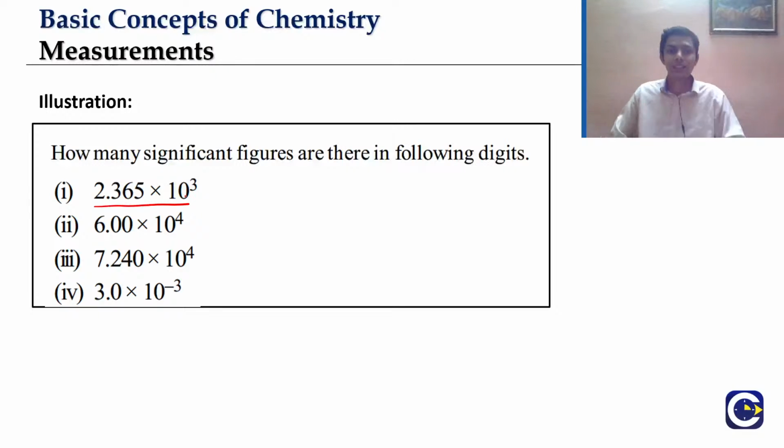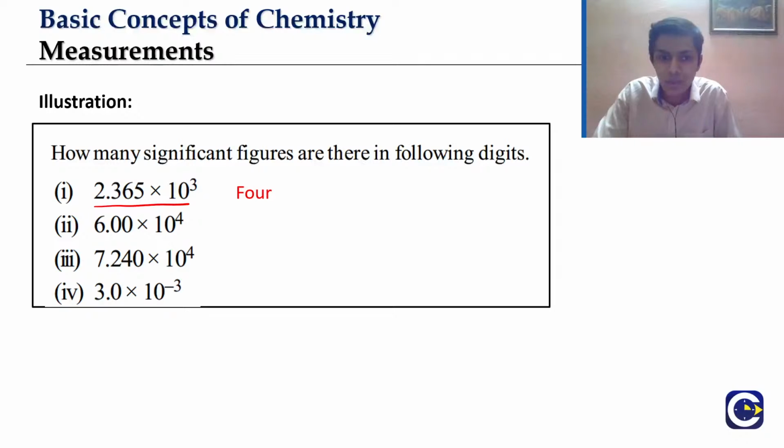How many significant figures are there in this? 4. Very good. It's 4.